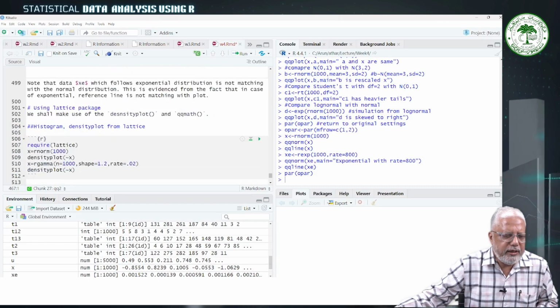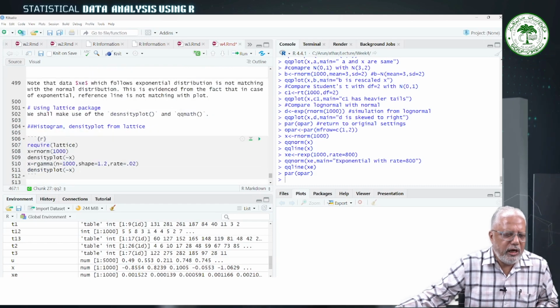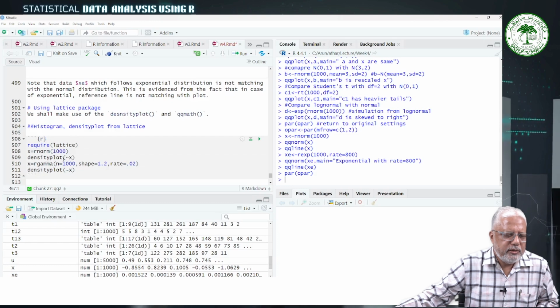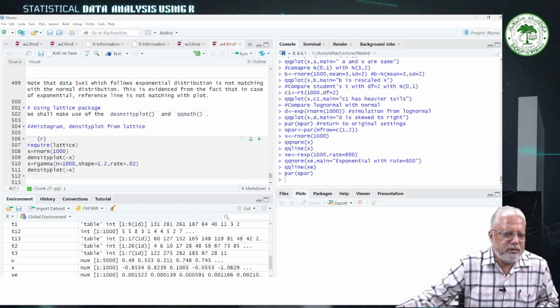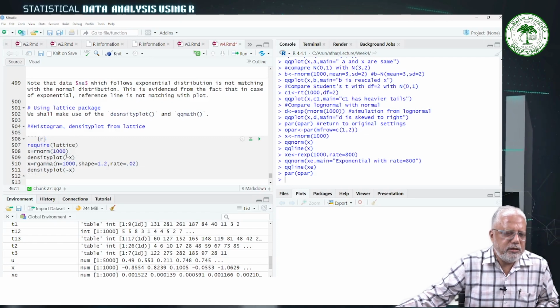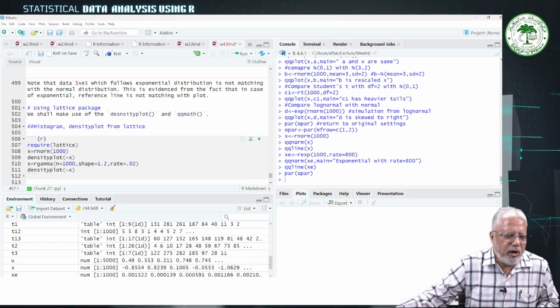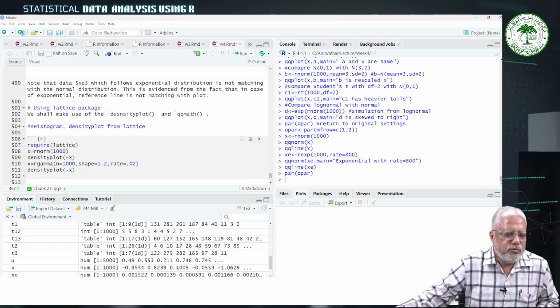Here, to plot a density we use the formula argument, that is densityplot. In base R it is density, but in the lattice package it is densityplot.